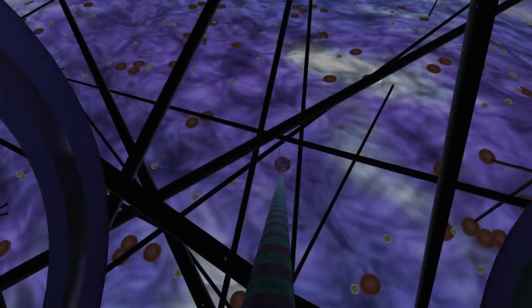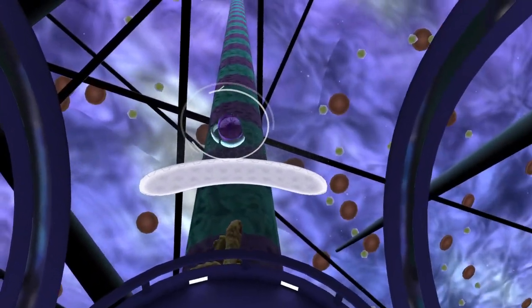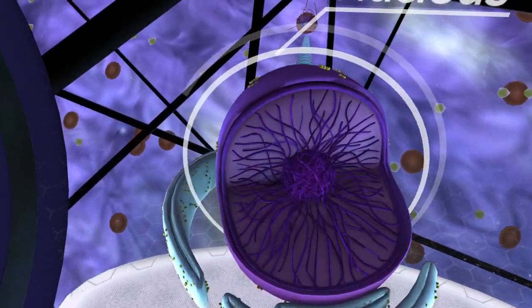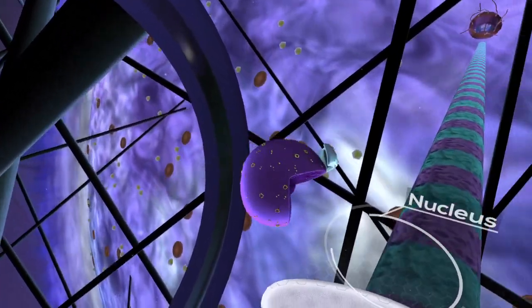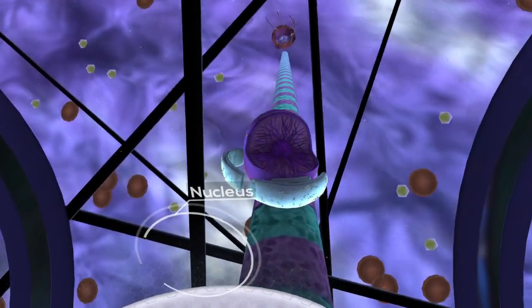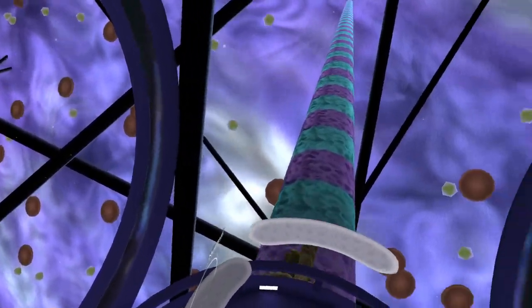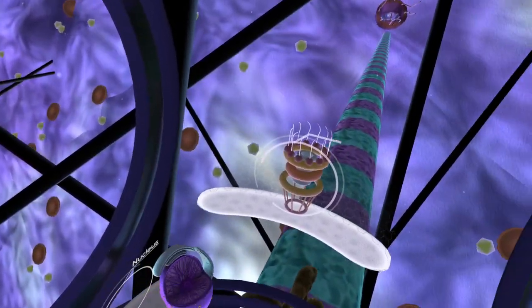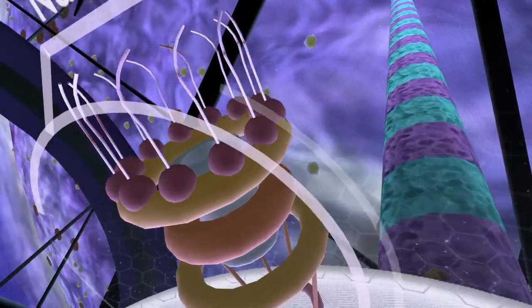We are now approaching the nucleus, the center of the cell. The surface of the nucleus has its own membrane, similar to that of the cell. Pores are spread around the surface of the nucleus to allow entry and exit of larger molecules.